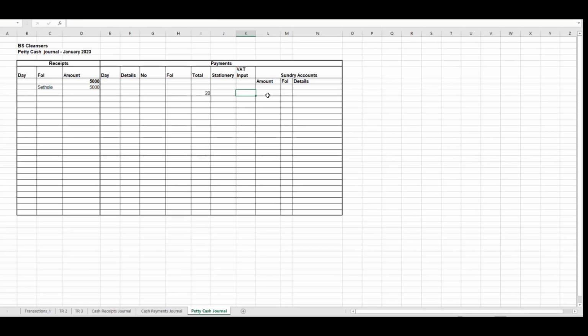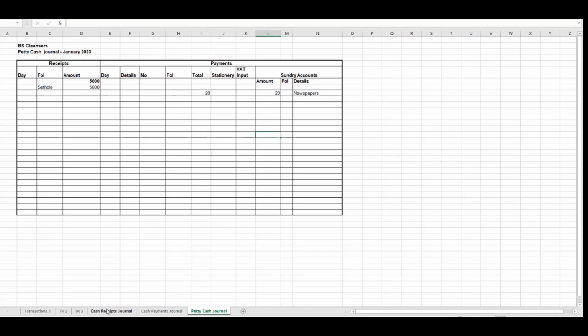We bought newspaper for 20 rands, and we can call them newspapers. I know other people can argue that newspaper is stationery. If you believe newspaper is stationery, you are allowed to put it under the stationery column. And if there was a column called newspapers, we would put it in the newspaper column.